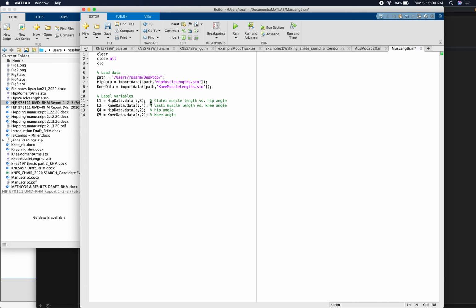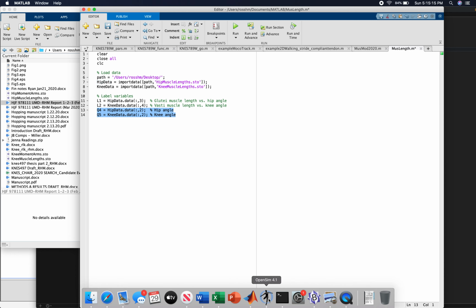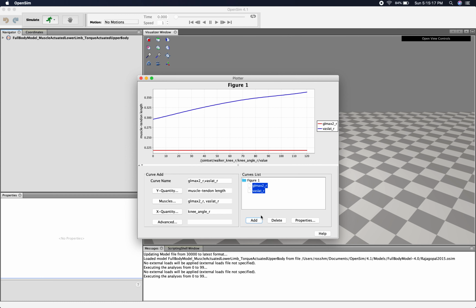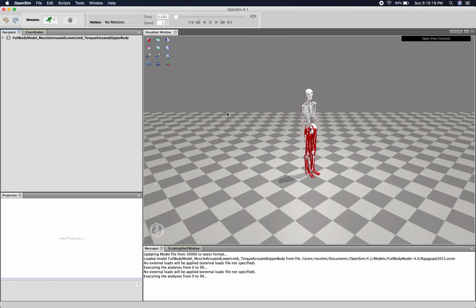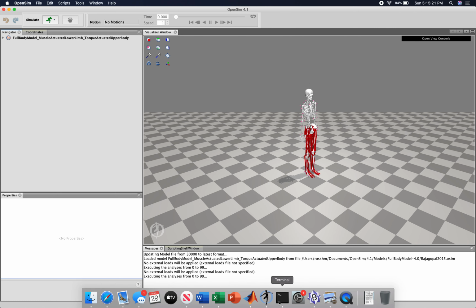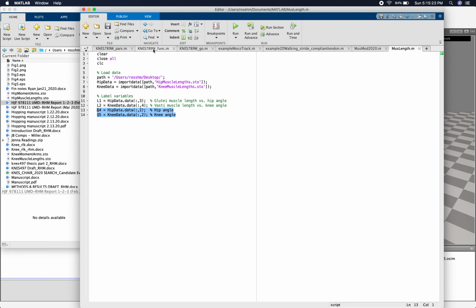Okay, before we can move on here, we need to make sure that our angles here have the same definitions in our OpenSim model, where these data came from, and in our musculoskeletal model that we're making, that we will be using these data in, or more specifically, that we'll be using the functions that we define from these data in.